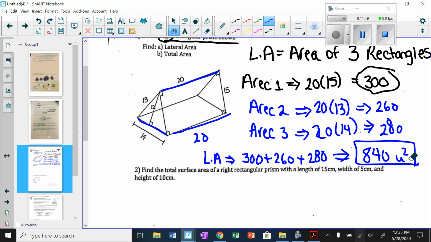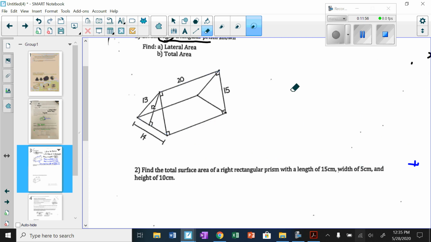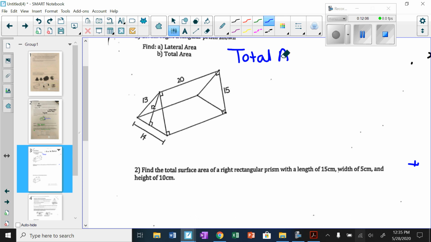All right, so that was part A. Now we want to find part B, the total area. The total area is going to be everything, including the bases.